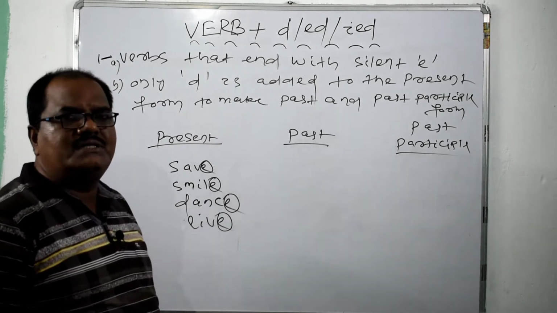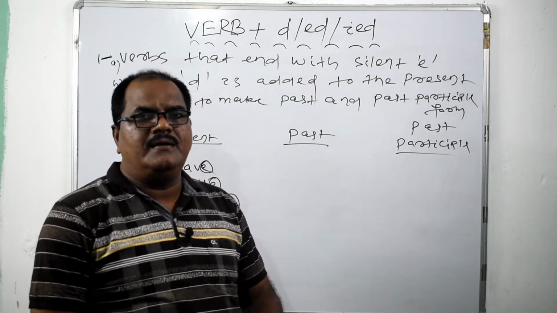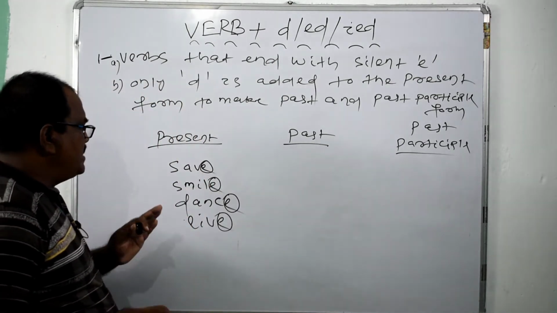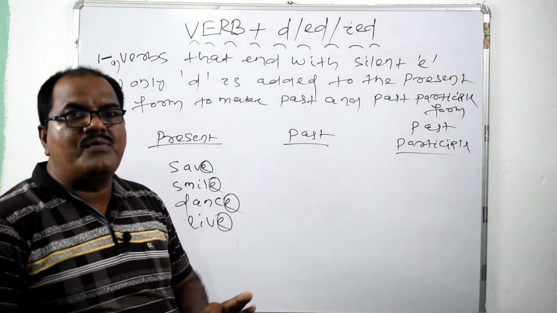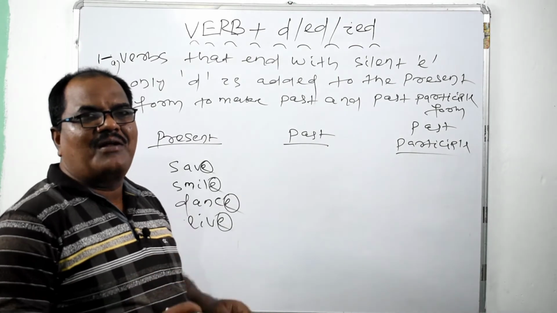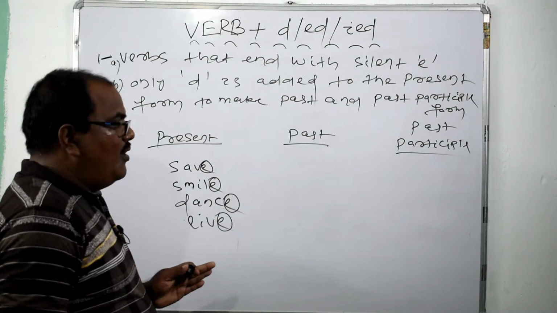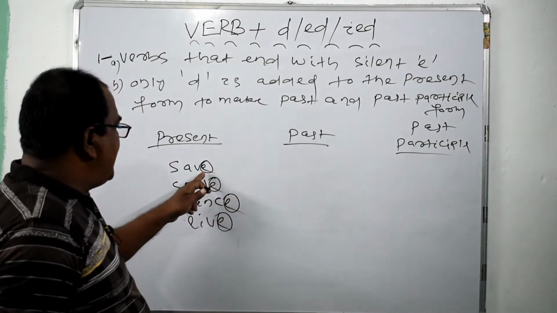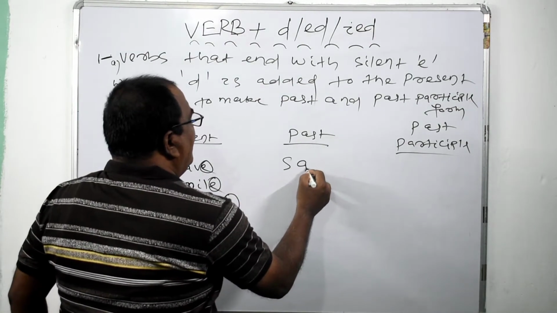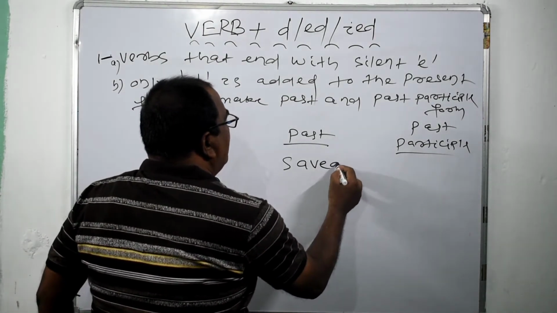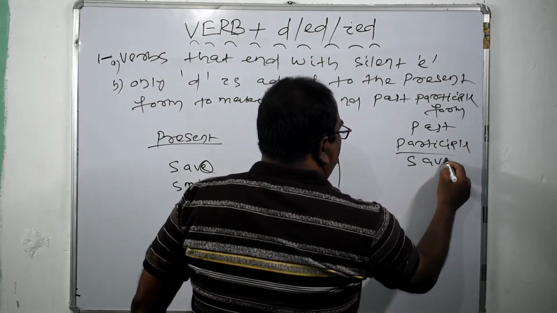Save. At the time of pronouncing these verbs, my dear students, you should remark that e is not pronounced. E is silent there. So in these cases, only d is added to the present form of the verb to make its past form. Saved, saved.